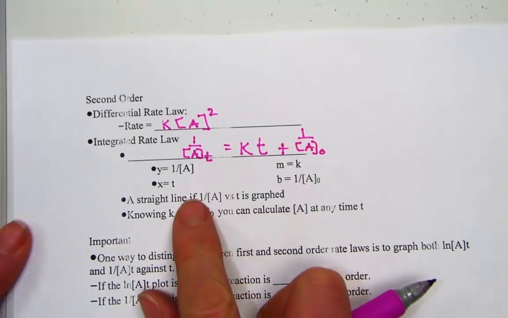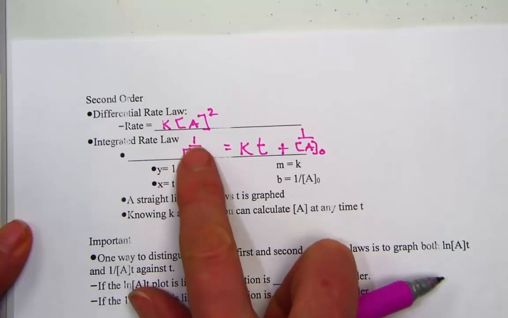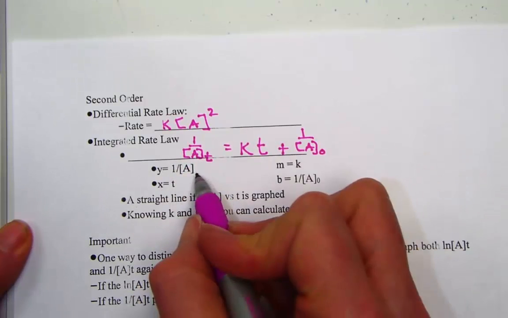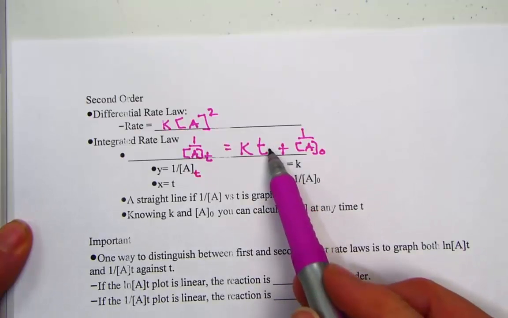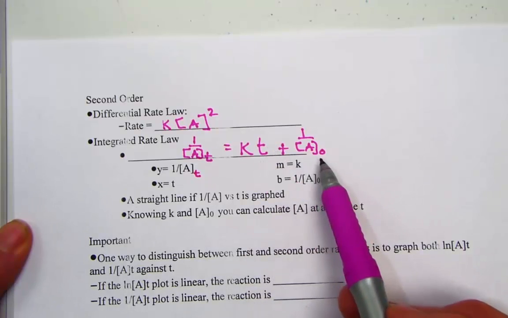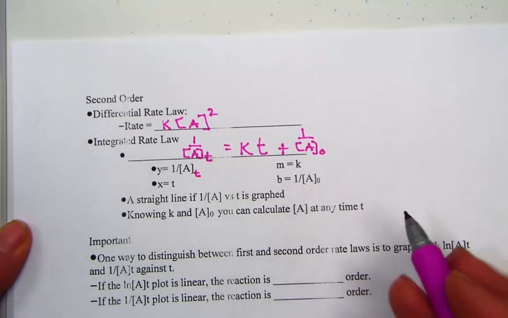We get our formula, y equals mx plus b, where y is 1 over A after a certain amount of time, k is the slope, t is the x-axis, and the y-intercept is 1 over the original concentration of A.